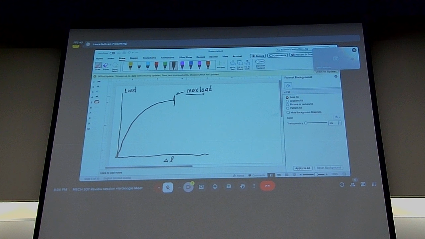If I just divide that by the original cross-sectional area, I don't even need to make a table. I just take that highest point, and granted you have to be able to read that on your graph. Take that highest value of load, divide it by the original area, that's ultimate tensile strength.